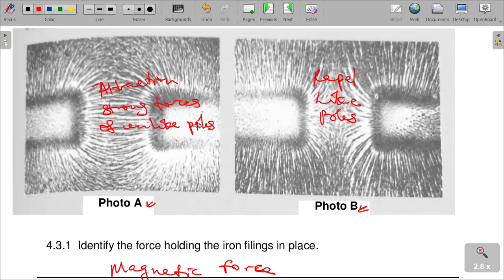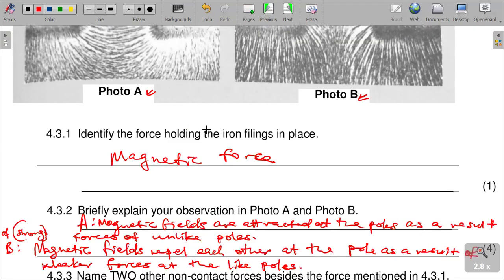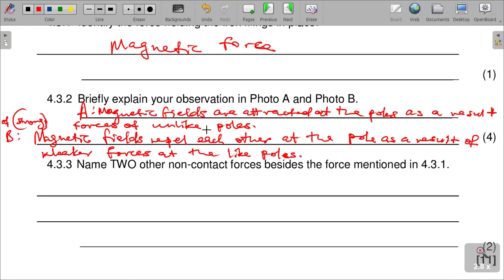There is repellence of magnetic fields because they are like poles. Therefore, it is as a result of weaker forces that are working against each other there. So that is what is happening in question 4.3.1.